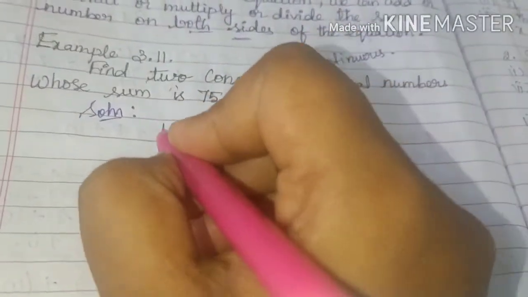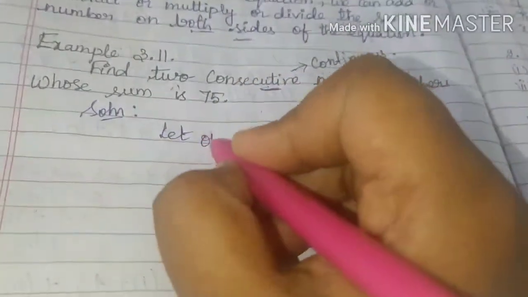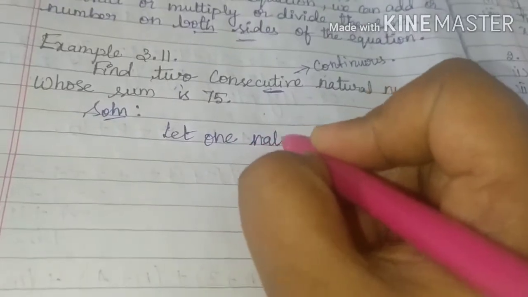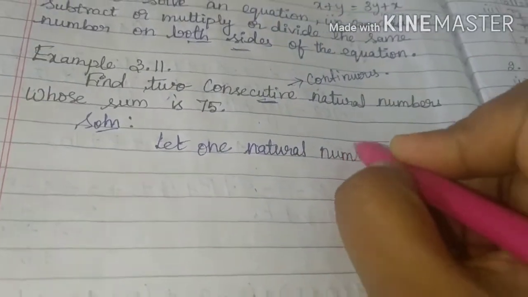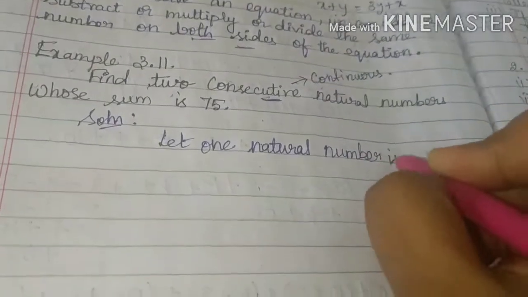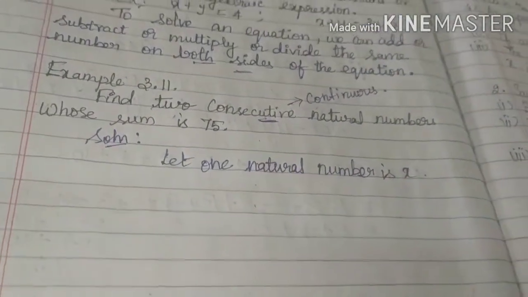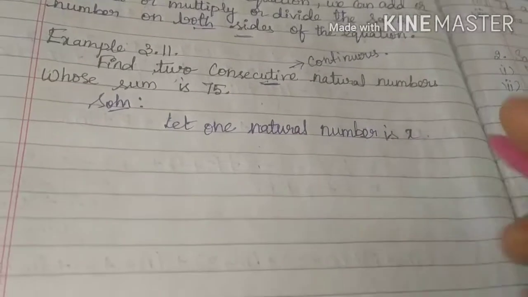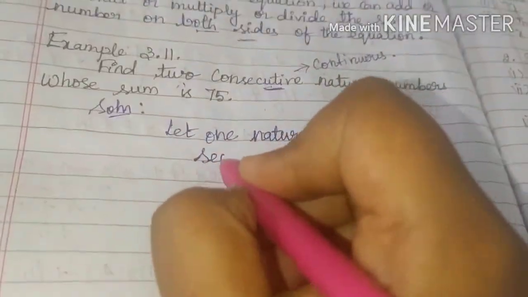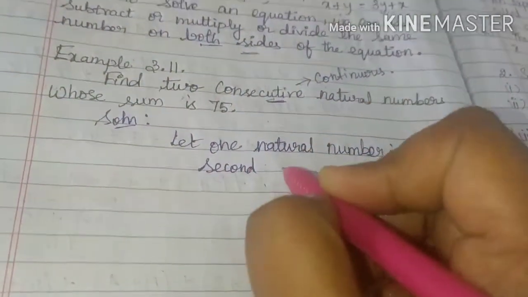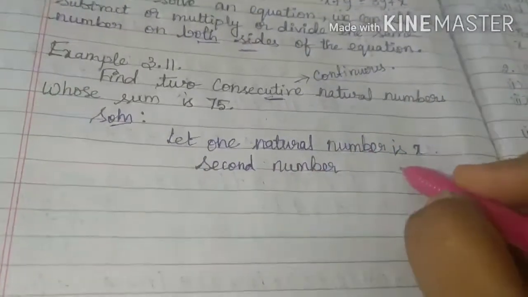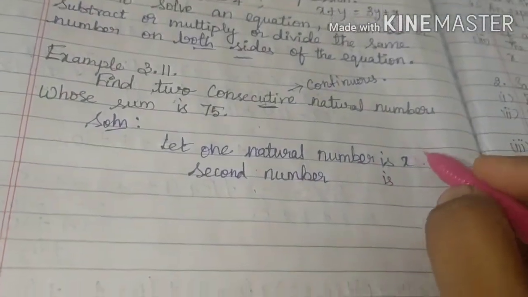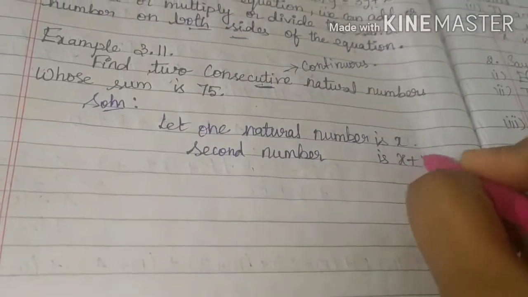Let one natural number be x. First natural number is x, so the second number is x plus 1.